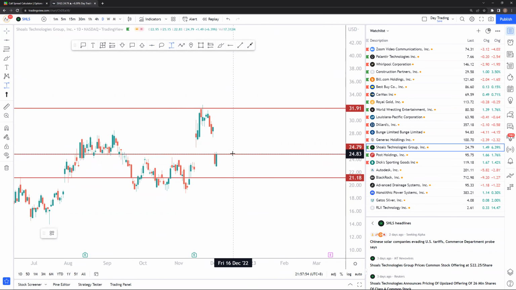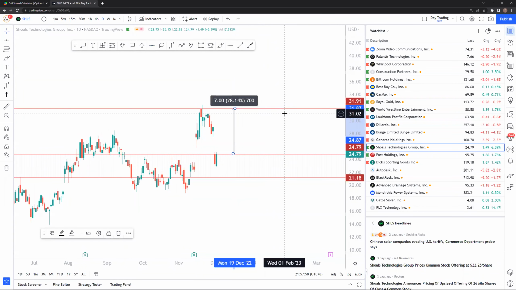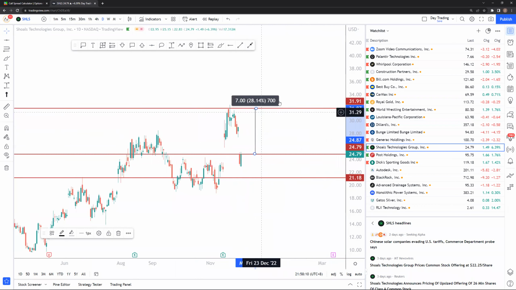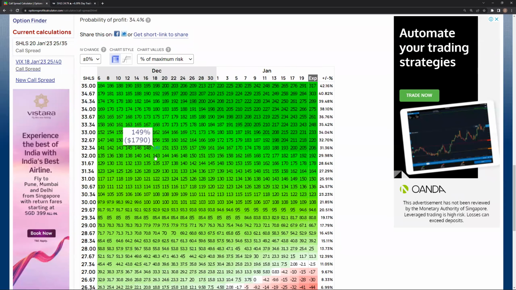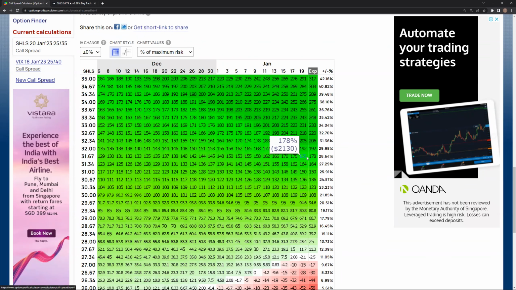I'm risking 15%, but I'll be able to get about 28%, which is quite close to a risk reward ratio of 2. I think I can get about 1.8, 1.9 risk reward ratio simply by playing a long position, without using any option, which seems to be a better choice than playing a bull call spread.